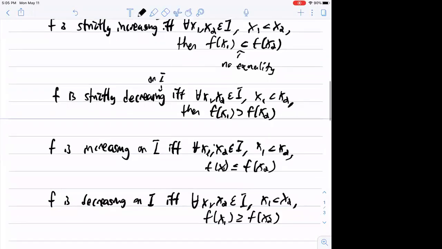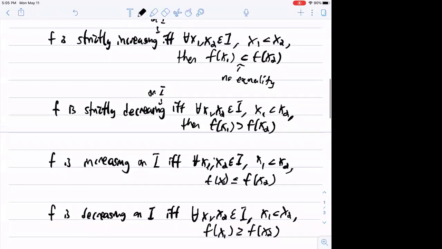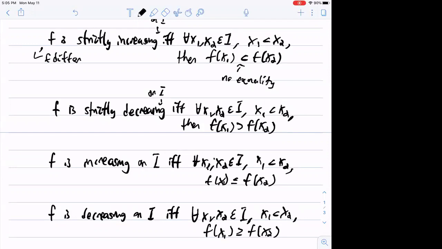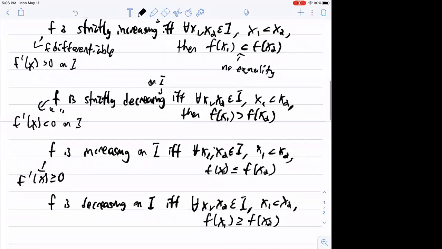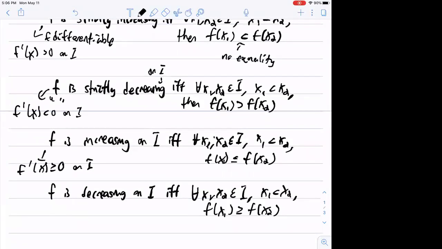In the case where f is differentiable, strictly increasing just means f prime of x is bigger than 0 on I, and strictly decreasing means f prime of x is less than 0 on I. Increasing means f prime is bigger than or equal to 0 on I, and decreasing means less than or equal to 0 on I.